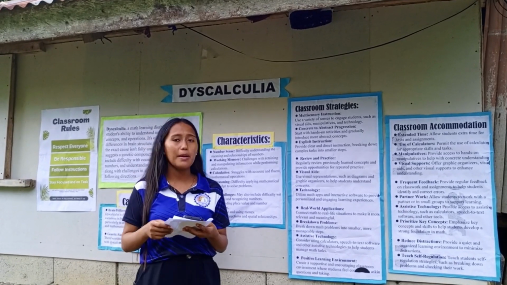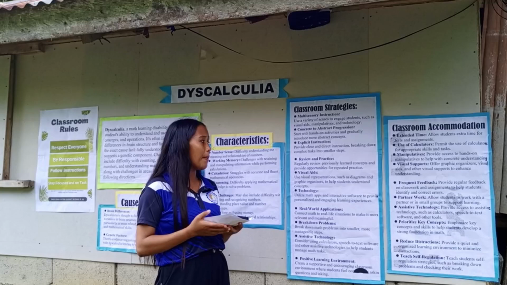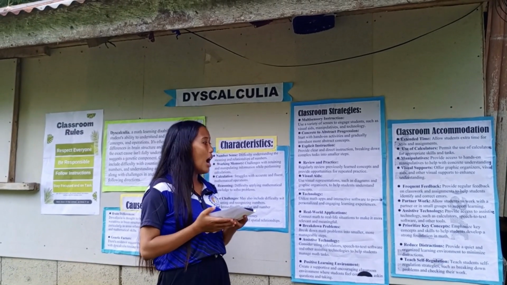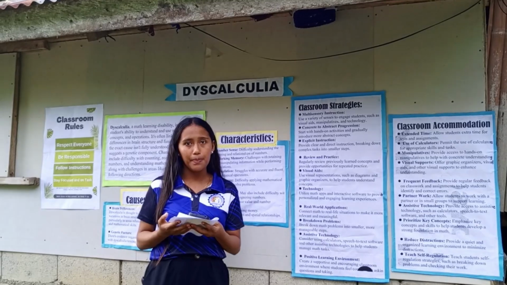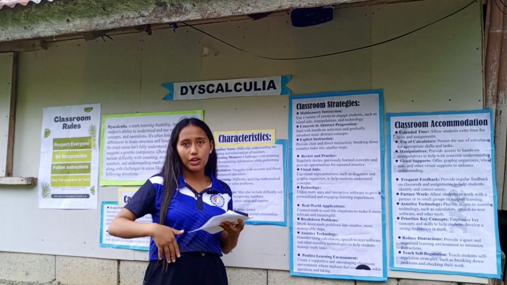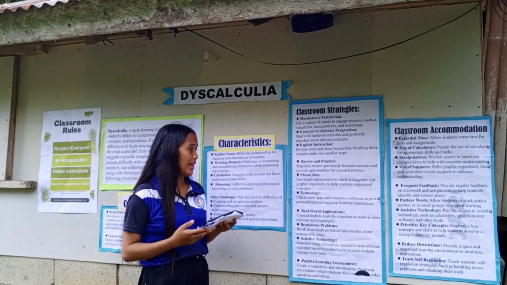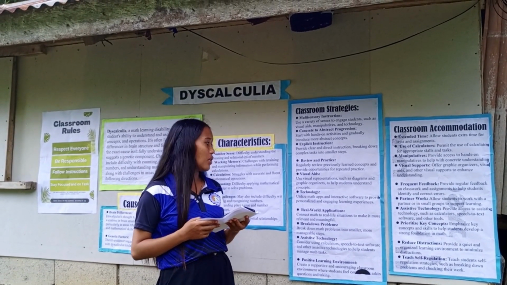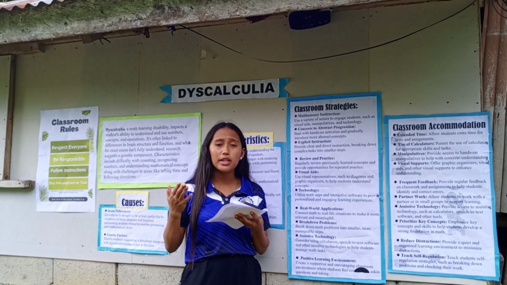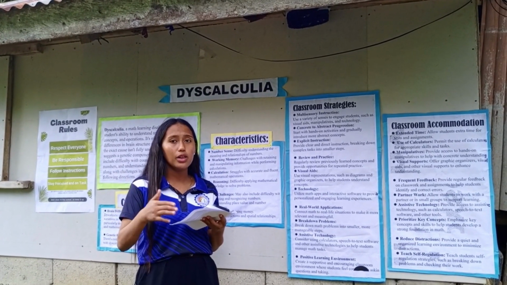Next is review and practice. So regularly review previously learned concepts and provide opportunities for repeated practice, just like a recap of the previous activity that you did. Then next is visual aids. So use visual presentations such as diagrams and graphic organizers in order for the students to connect the different information that they learn.